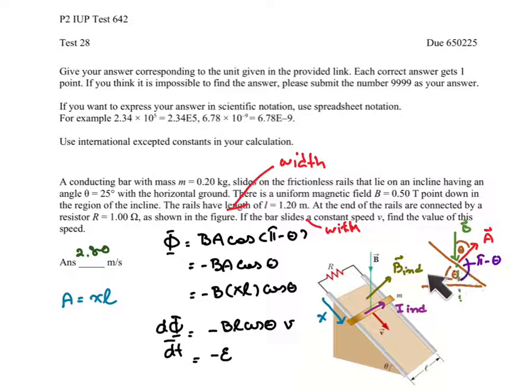So the flux is equal to BA cos(pi minus theta), but cos(pi minus theta) is equal to minus cos theta, and since A is equal to x times L, we have this equal to minus B x L cos theta.